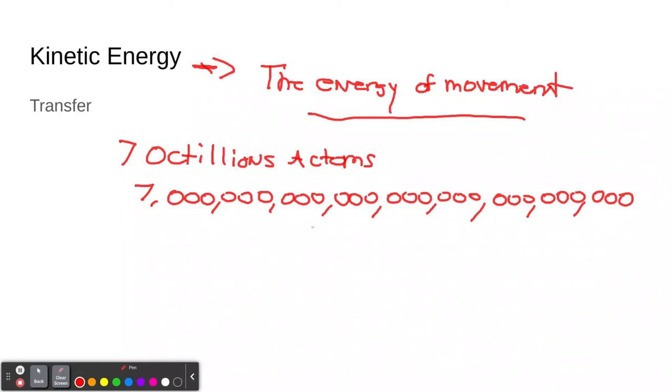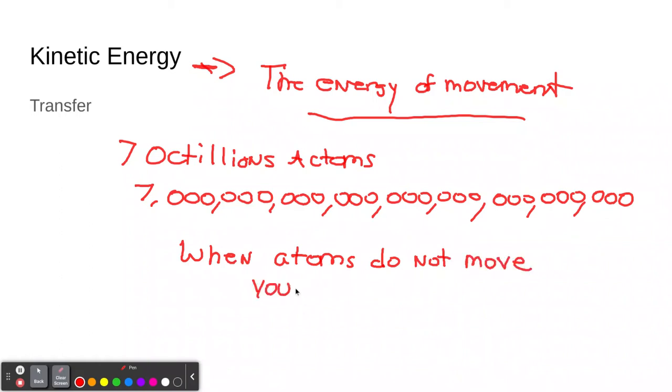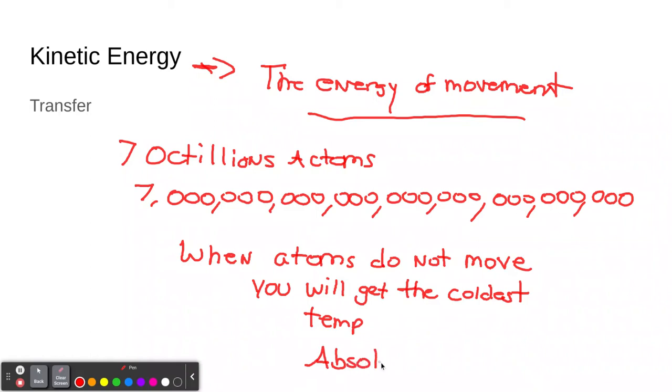Atoms are always moving. If atoms did not move, you would get the coldest temperature. The coldest temperature is absolute zero.